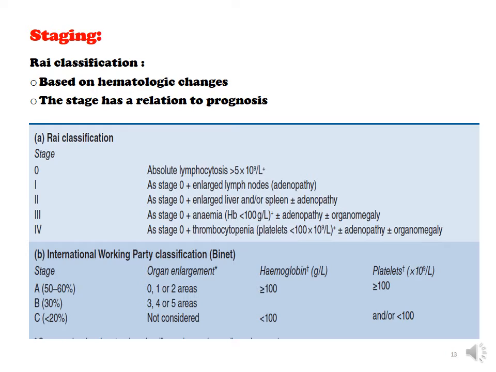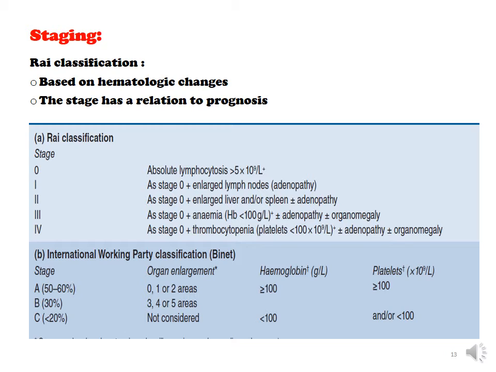What is the staging of CLL? Staging is an important part of chronic lymphocytic leukemia because it helps me later in the treatment of the disease and the determination of its prognosis. It's based on the hematological changes. We have two types of staging, either the Rai classification or the Binet classification.